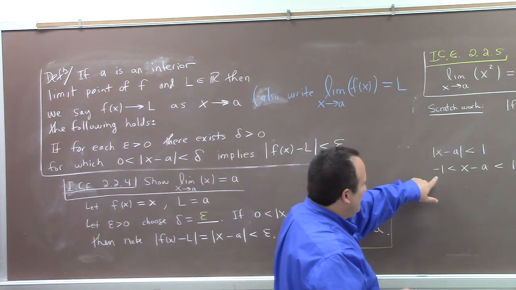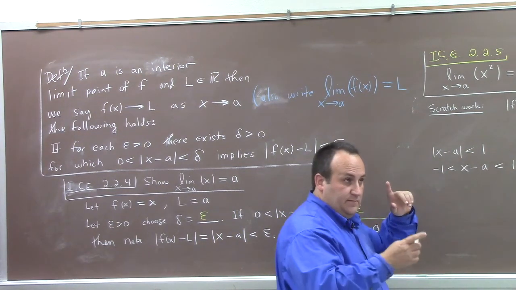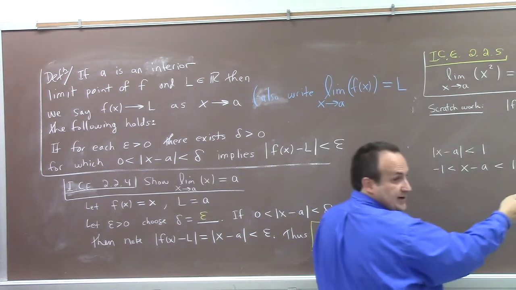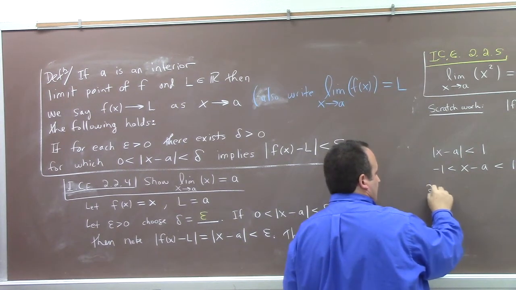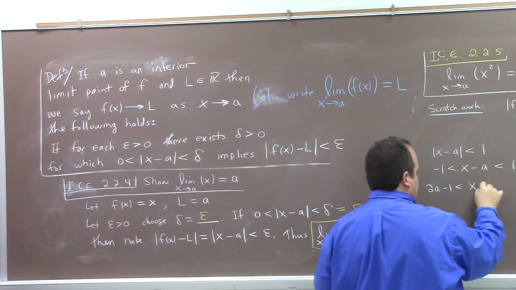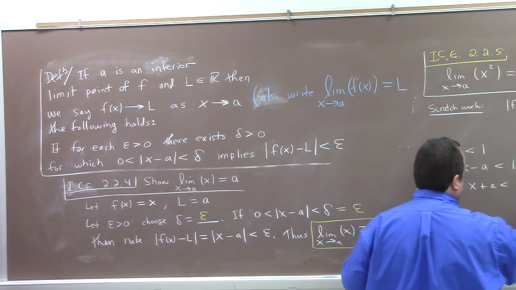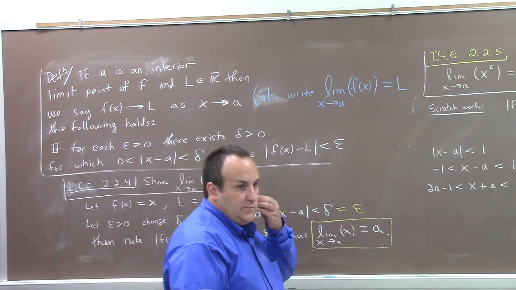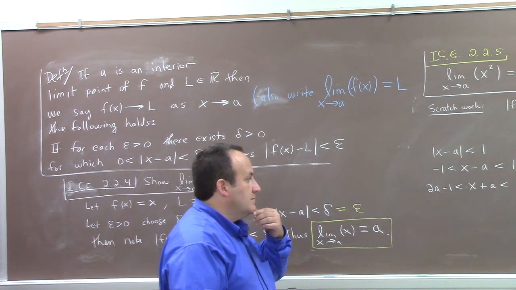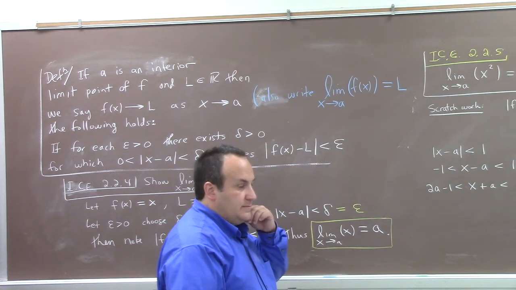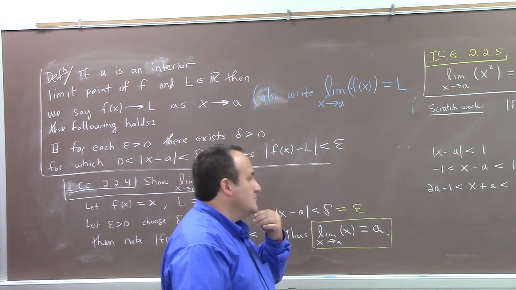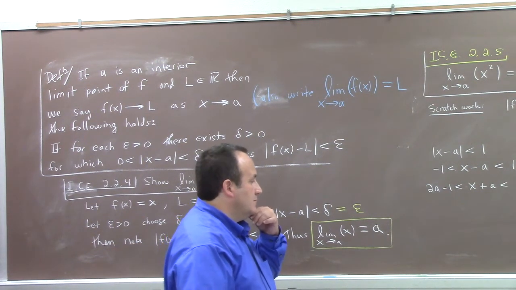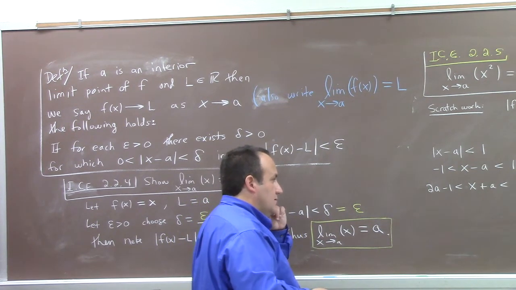Sorry. Then I can add... what can I do? To get to x plus a, if I add 2a, right? 2a minus 1 less than x plus a less than 1 plus 2a, right? So I'm not sure.